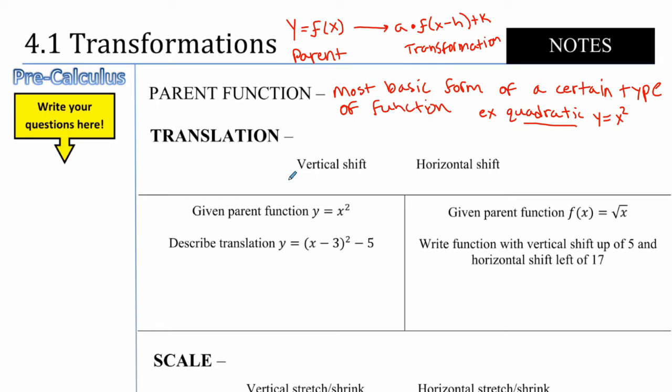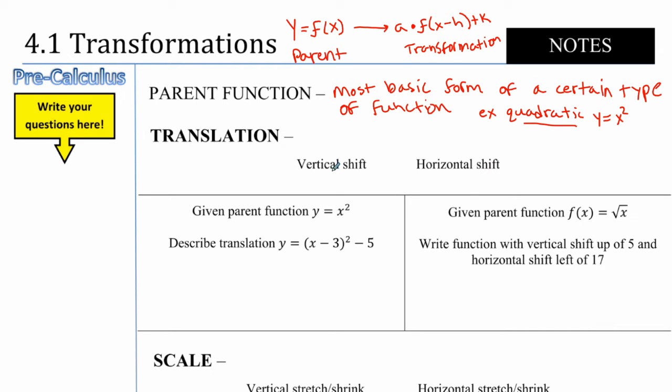You can slide that around, right? You can move it up, slide it down, slide it to the left and right, but that's not going to change the size or the general shape of the function. It's just shifting it in some combination of up, down, left, and right. So that's all we're doing. We're just doing either a vertical shift or a horizontal shift.